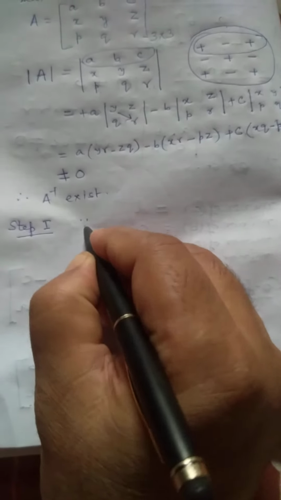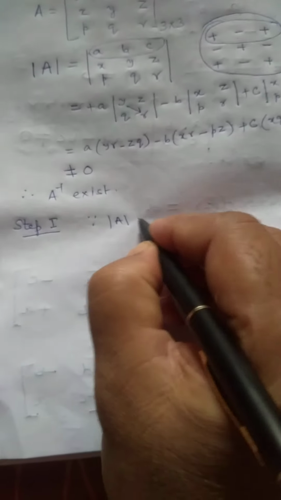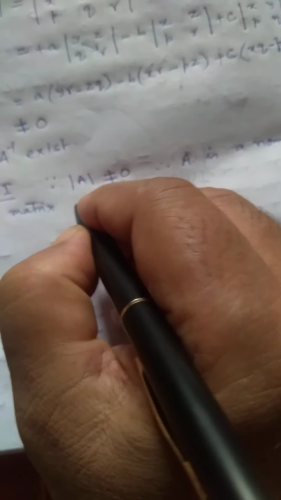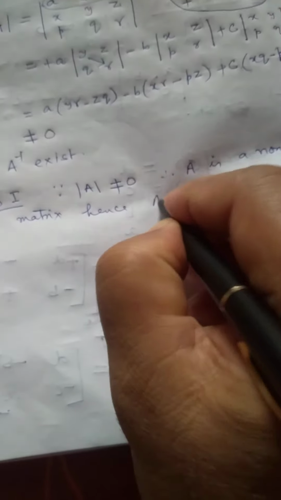Since determinant A is not equal to 0, A is a non-singular matrix, hence A inverse exists. Remember, A inverse exists only when A is a non-singular matrix. For that, you have to find the value of determinant of that matrix. After finding the value of determinant, we start with step 2.